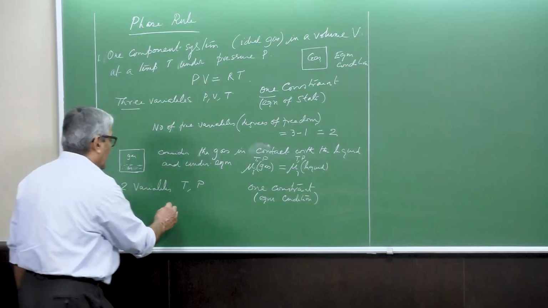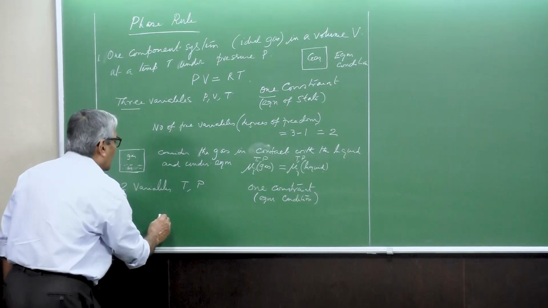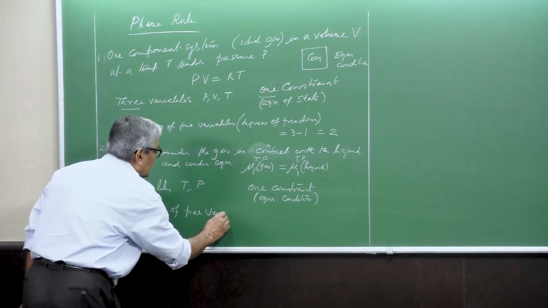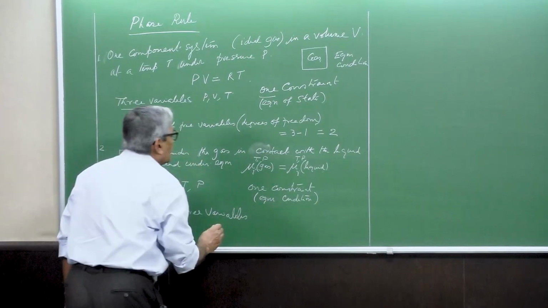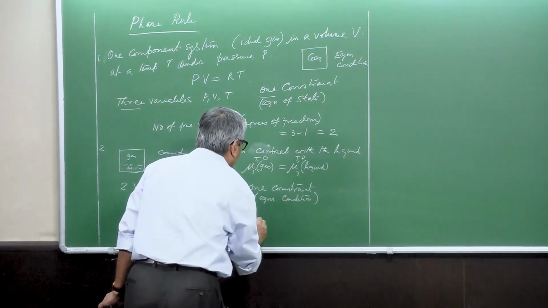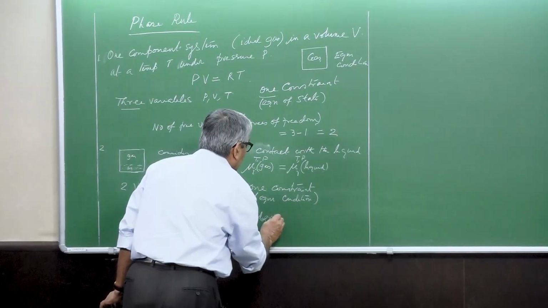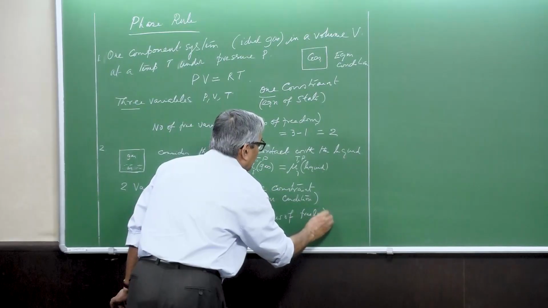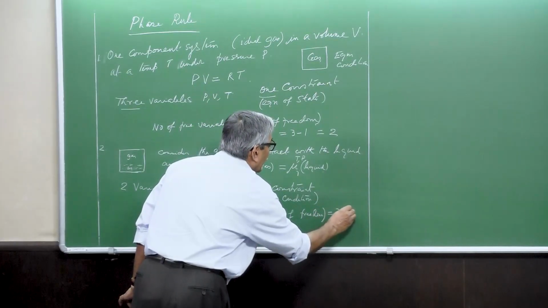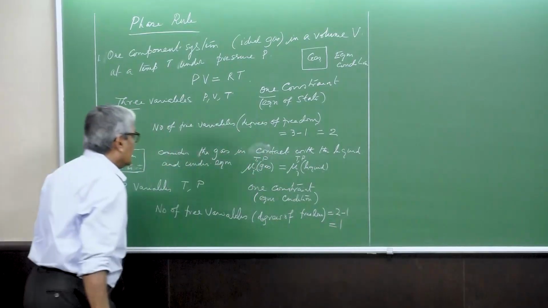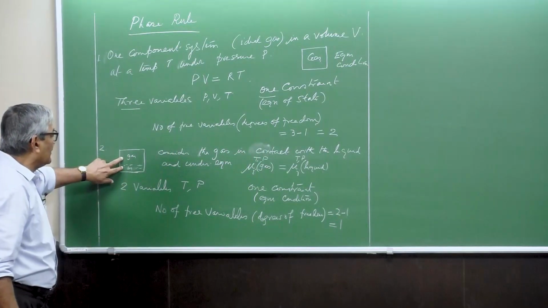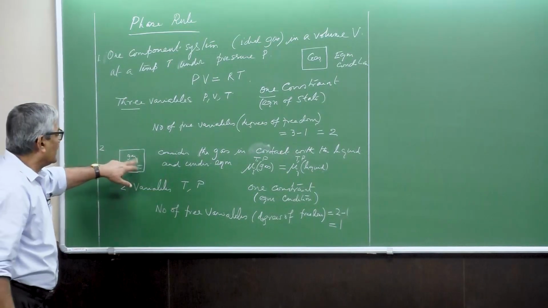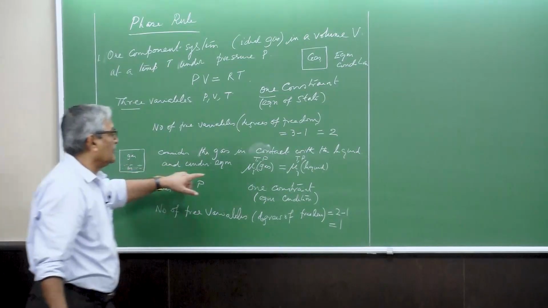That means we have two variables and one constraint. So the number of free variables, that is the degrees of freedom, again I am repeating, is 2 minus 1, which is just 1. It is a 1 degree of freedom system because I can only manipulate pressure and not other things, because temperature is automatically fixed because of this equilibrium condition.